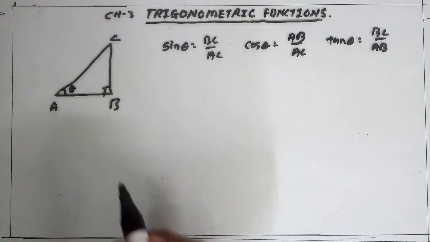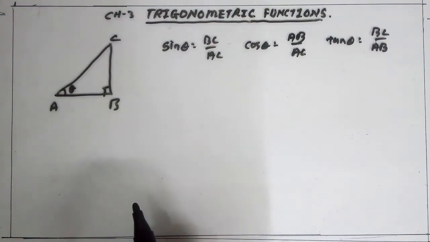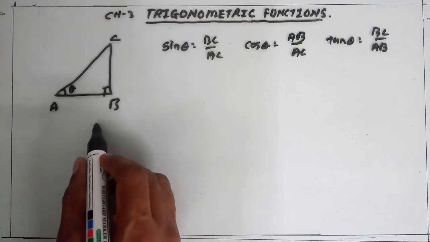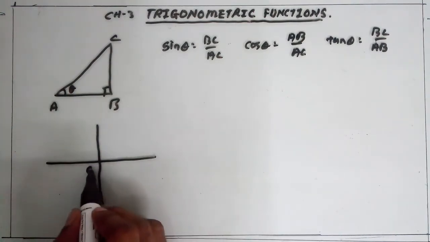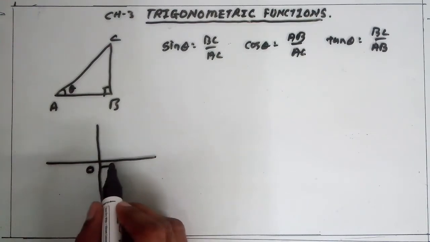You know about a circle. The set of all points in a plane which are equidistant from a fixed point is called a circle. A unit circle is a circle with center at the origin and radius 1 unit.